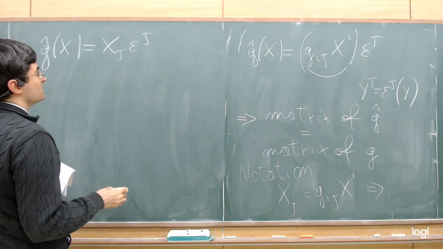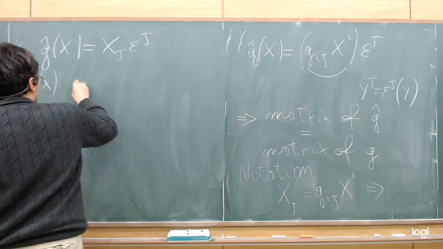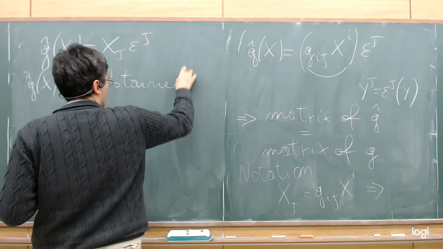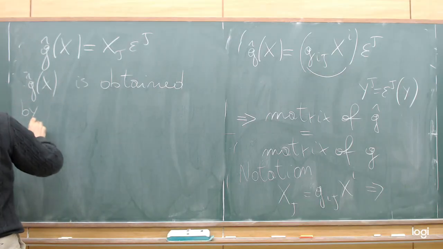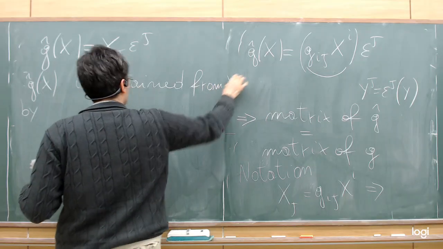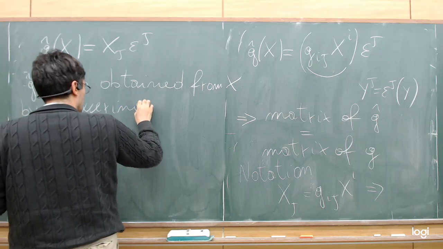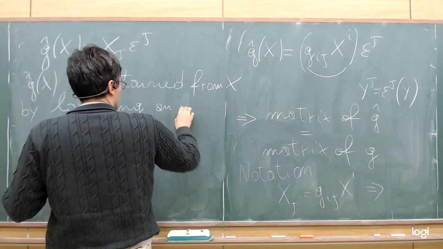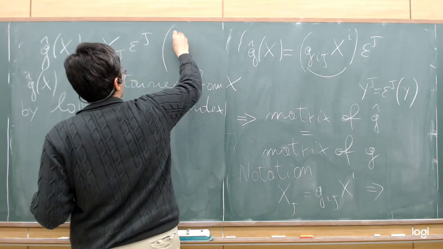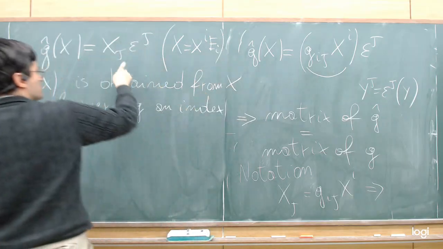So this means that G hat at X is obtained from X by lowering an index, because we started from this formula and we got this one.